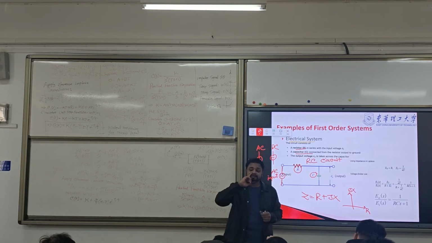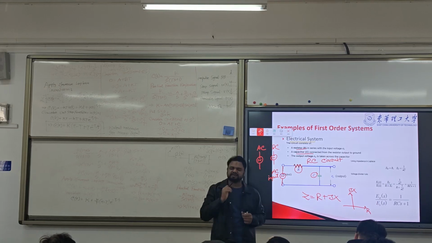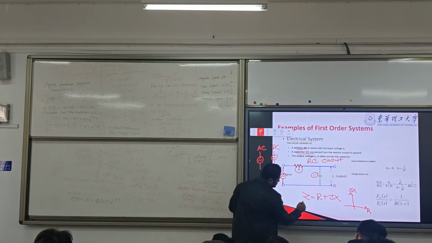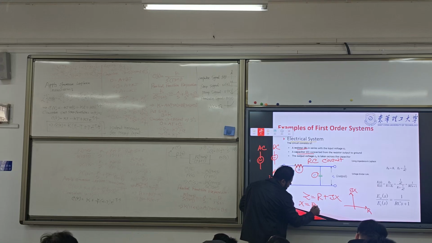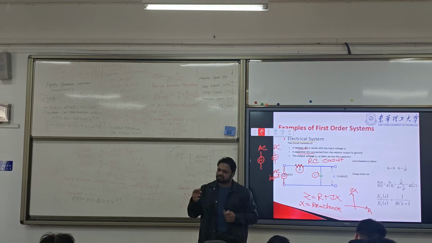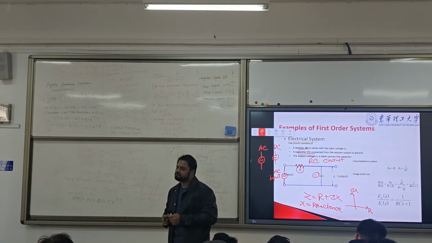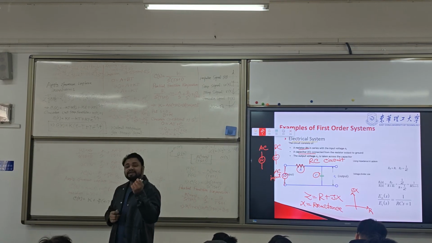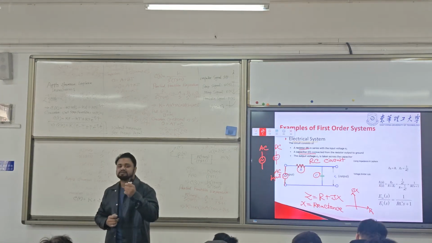Now, what is X? X we call reactance. What is reactance? Reactance is also opposition of the current flow due to the inductor and capacitor.